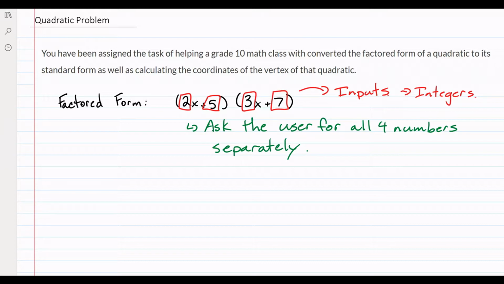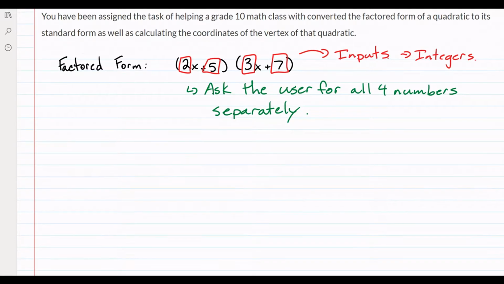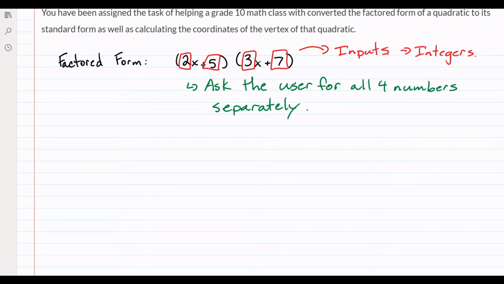For processing, I've got to think, what do I need to do? I've got to turn it into standard form. Standard form has the general idea of something that looks like this: y = ax² + bx + c.